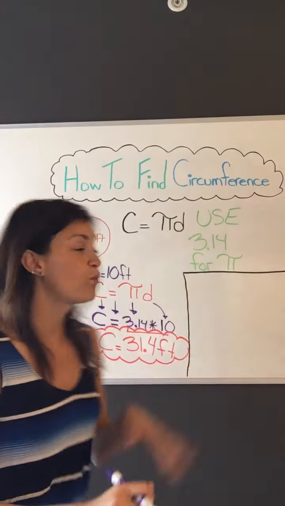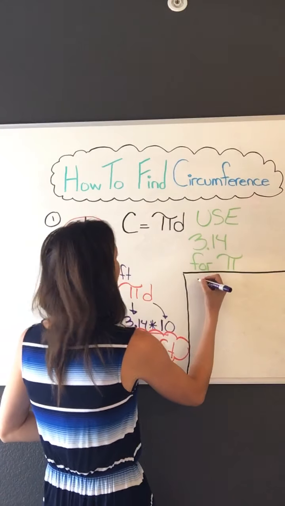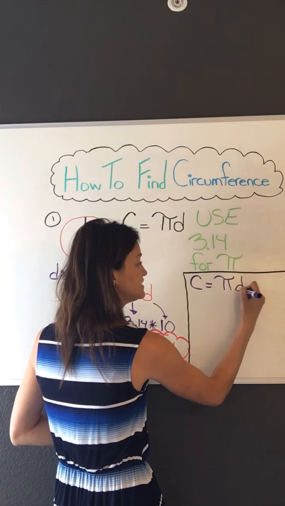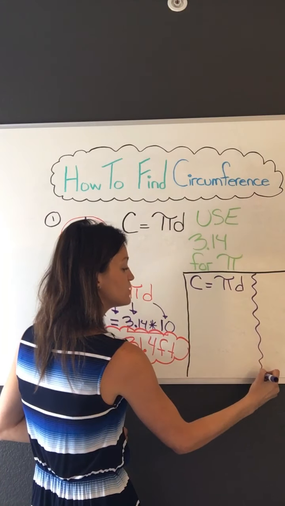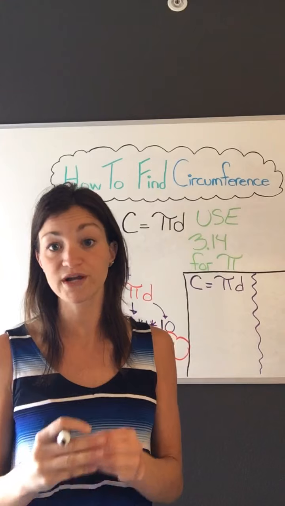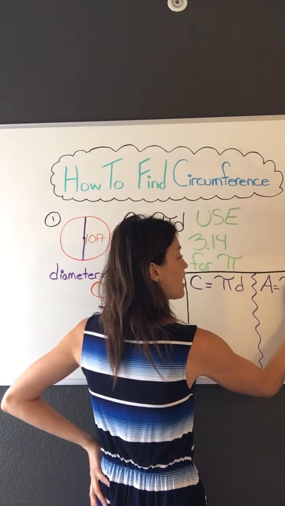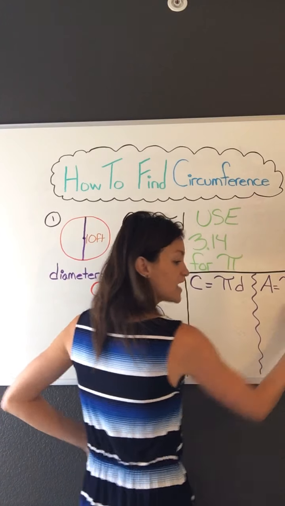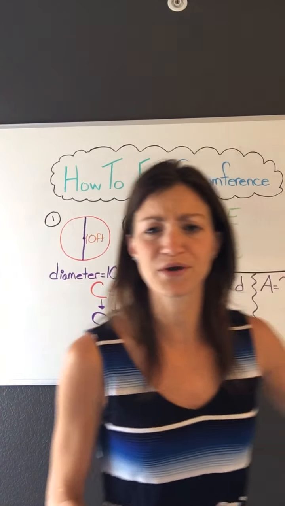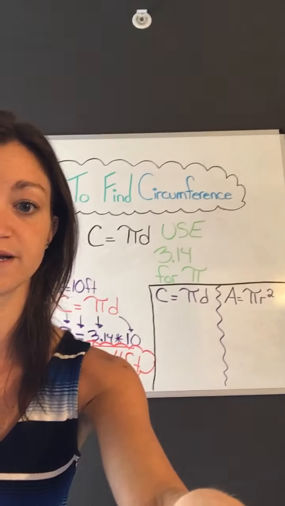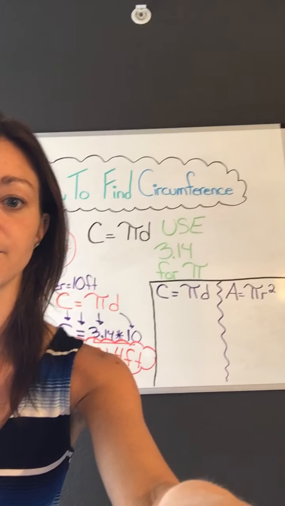So the circumference formula, C equals pi d, and then I just want to show you the formula to find the area of a circle is A equals pi r squared. If anybody out there is wondering what this crazy lady is doing, I shall show you. Let me move this over.